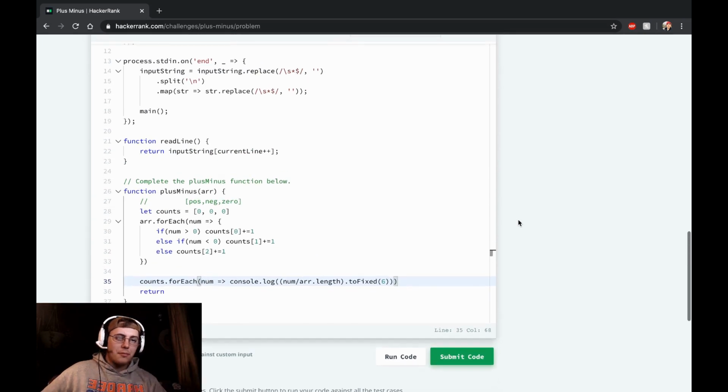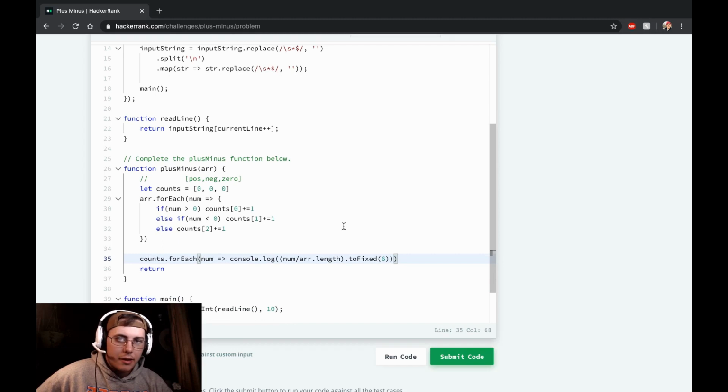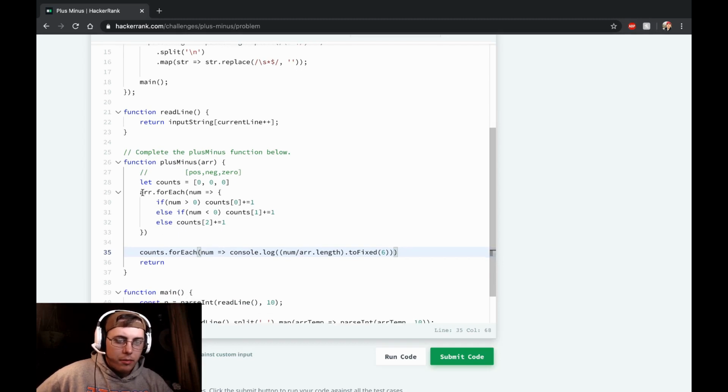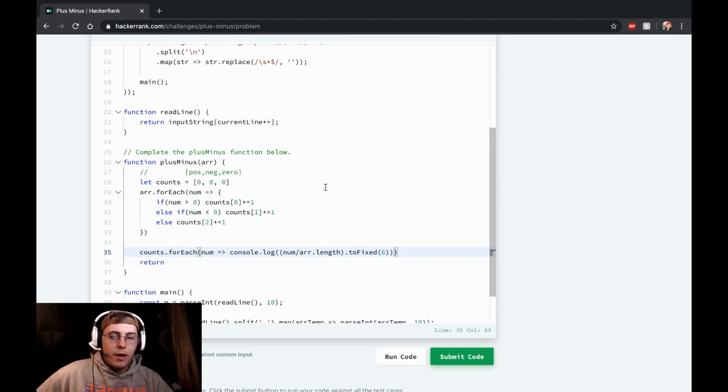Awesome. Okay. So what's happening here? Again, it's pretty simple. I'm just looping through the array, and I'm checking if the value that I'm currently iterated to is greater than 0. If it is, then I increment its location in my counts variable by 1, just counting pretty much. Same thing for if it's less than, same thing for if it's anything other than that, which would be 0.